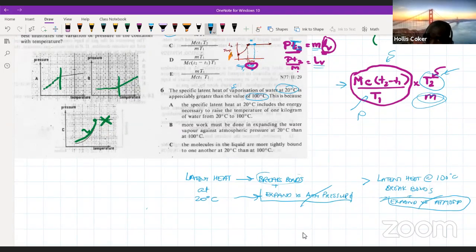So what differs is the energy to break bonds, and this one is bigger. So I think C will be our answer there. I'll put C.